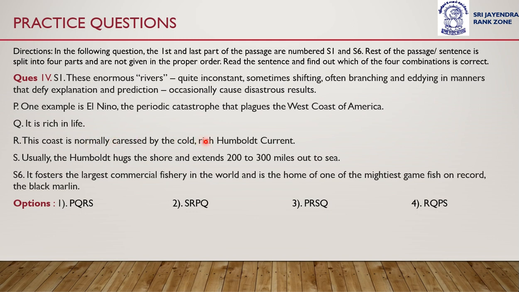This coast is normally crashed by the cold, rich Humboldt Current. Usually the Humboldt hugs the shore and extends 200 to 300 miles out to sea. It fosters the largest commercial fishery in the world and is home of one of the mightiest game fish on record, the black marlin. So these are the 6 statements. We have to decide the sequence for 4 of them.